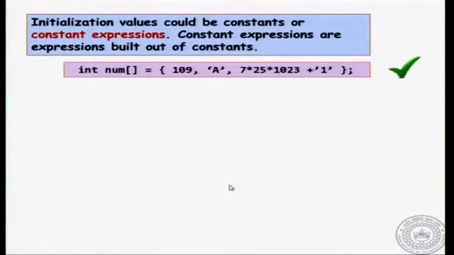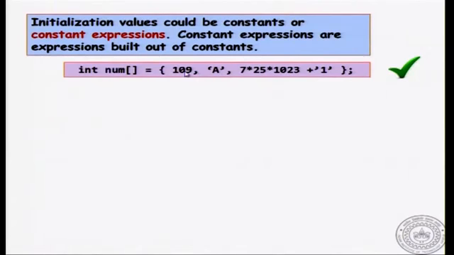Now just like size can be not just numbers but also constant expressions, we can also have constant expressions as initialization values. For example, I can give num equal to 109, then the character value 'A'. Character value 'A' means it will take the ASCII value of A, 65 or whatever it is.